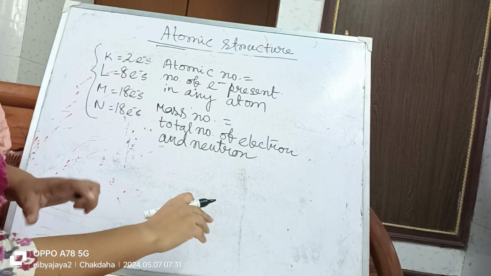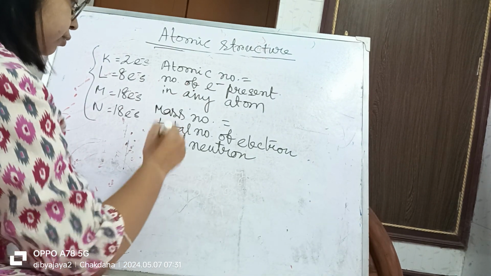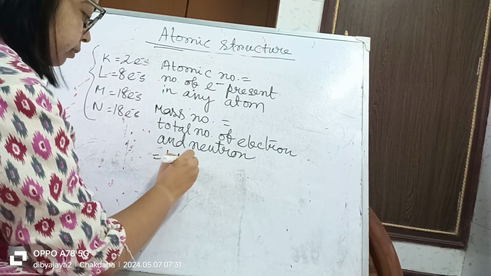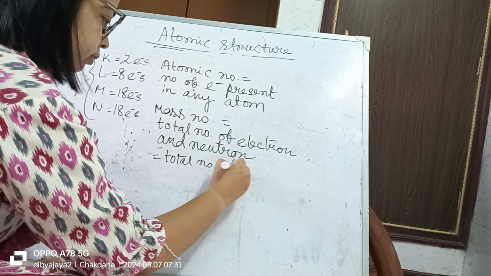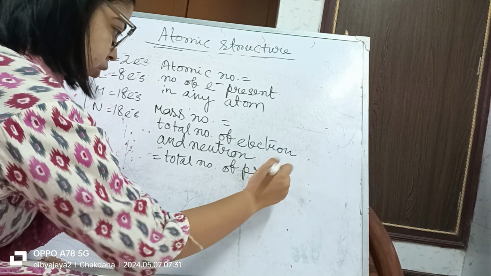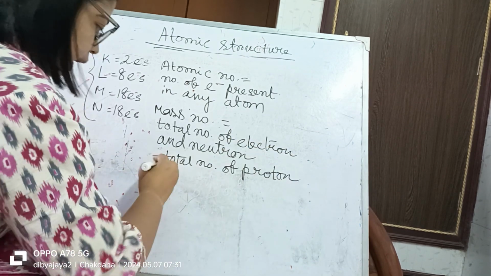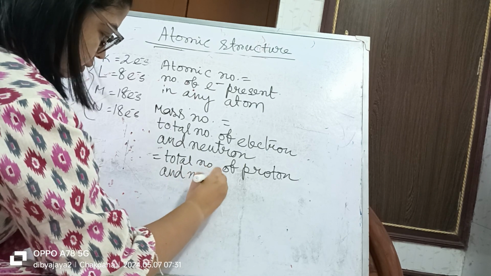Because the number of electrons is equal to the number of protons, we can say it is the total number of protons and neutrons.